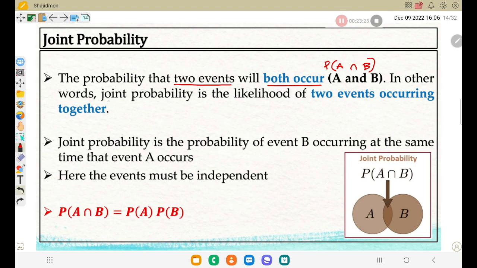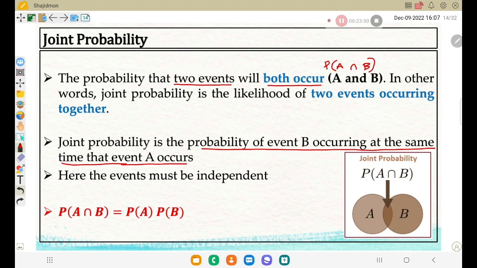In other words, joint probability is the likelihood of two events occurring together. Or joint probability is the probability of an event B occurring at the same time as the event A also occurs.